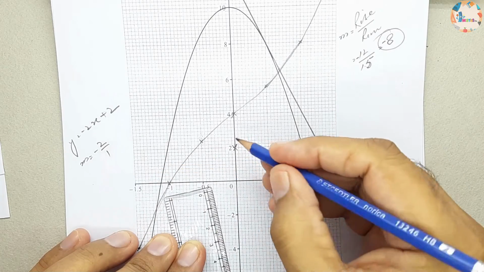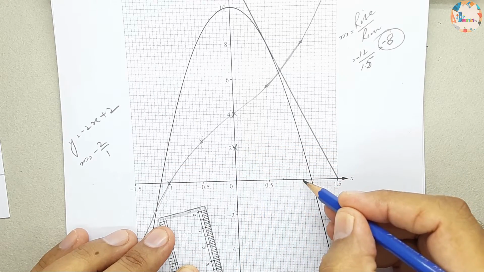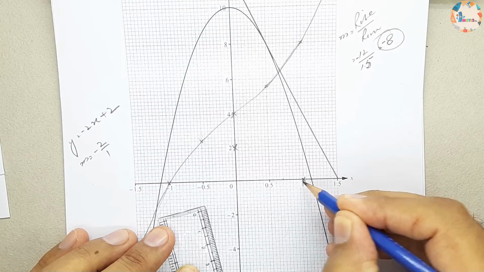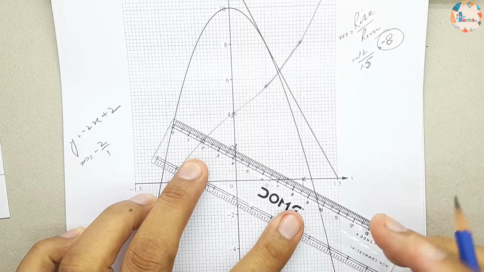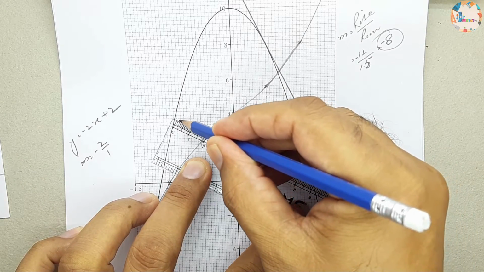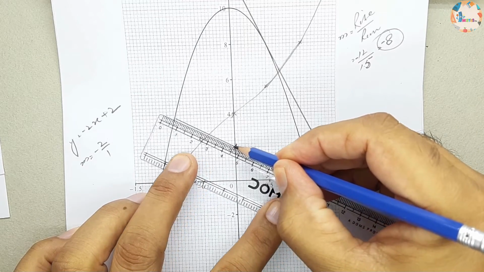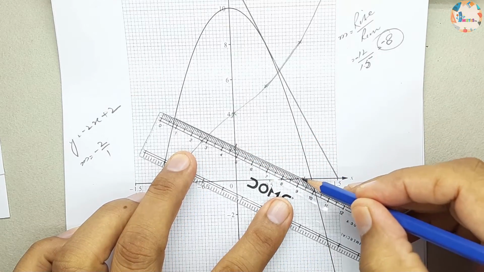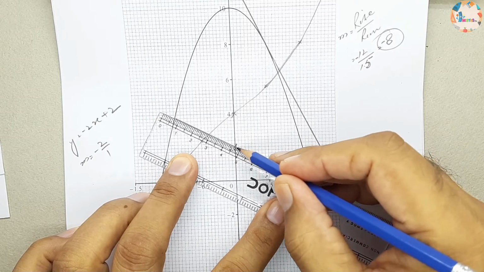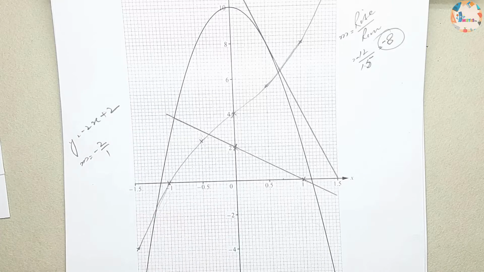So rise over run, so minus 2 will be down, then 1 unit right, so over here. So this will be the second point, and we can draw this equation by using these 2 points. We have to extend this line so that it intersects the curve, this one. So this is done.